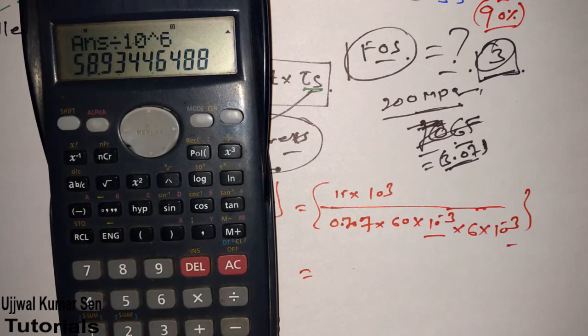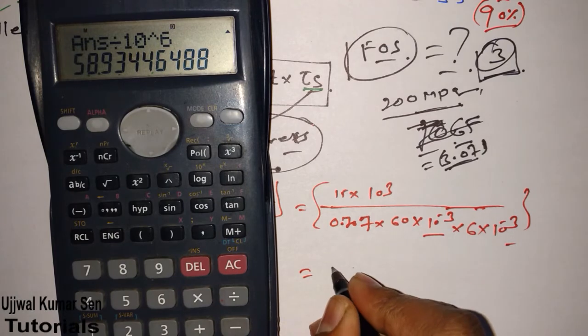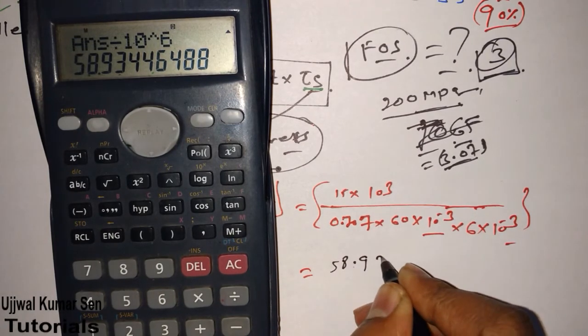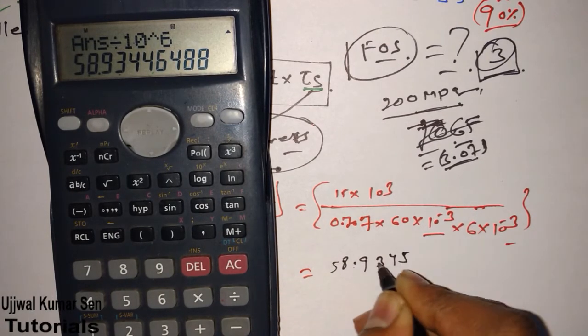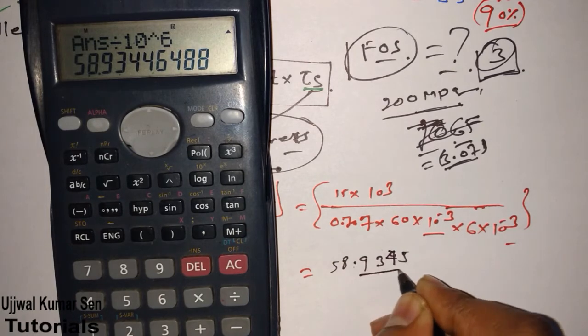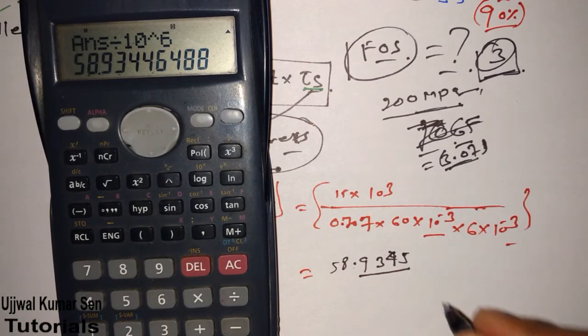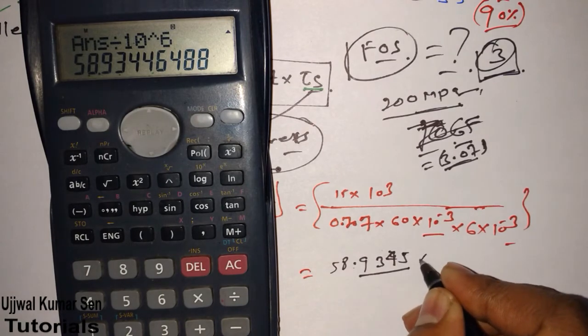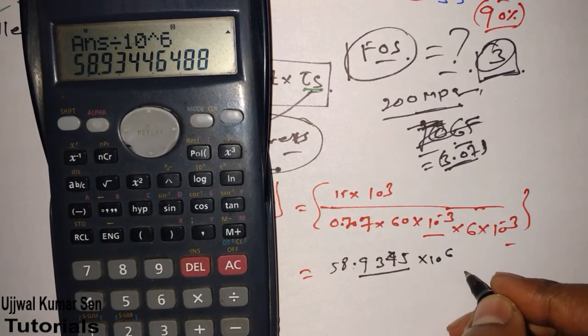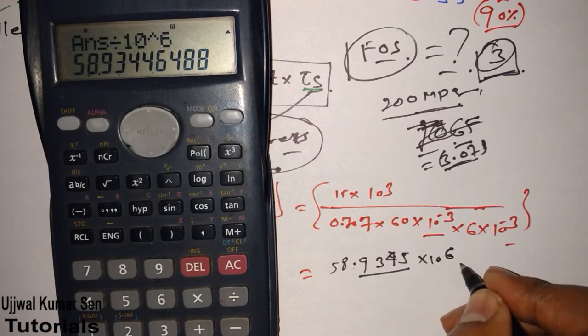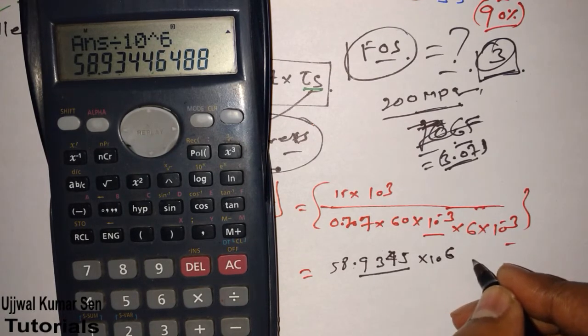What value are we getting here? 58.9345. Always take values up to 4 decimals to get an accurate answer, right? Now times 10 to the power 6, because we have already divided by 10 to the power 6, so I have to multiply it here with 10 to the power 6.